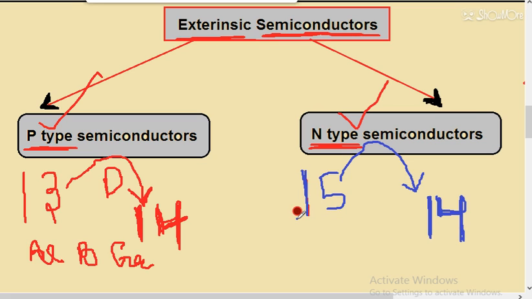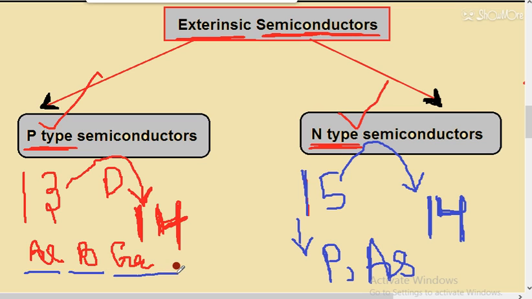Group number 15 examples are phosphorus, antimony, and arsenic also. Phosphorus and arsenic are basically used. In group number 13, aluminium, boron and gallium are basically used. So these are the two types of extrinsic semiconductor. You can note down these two types.